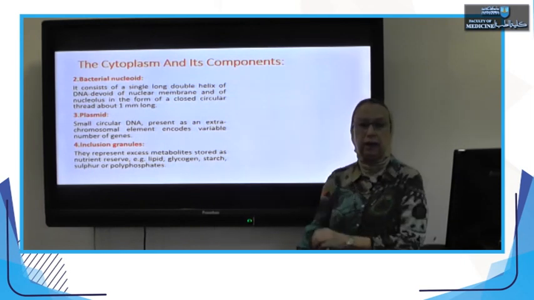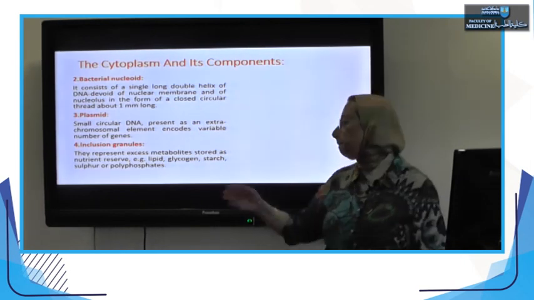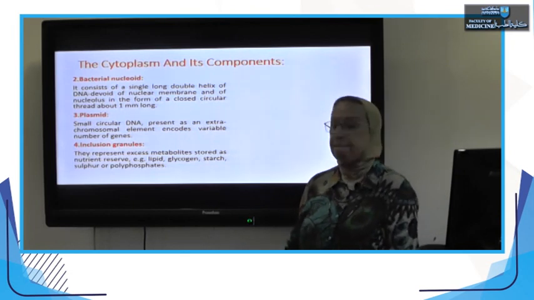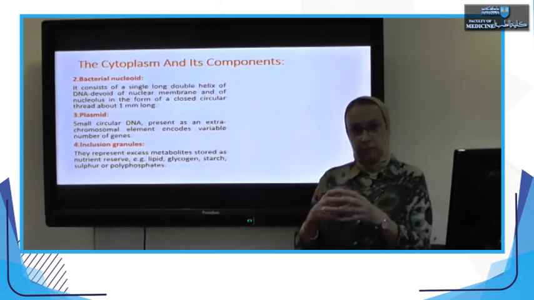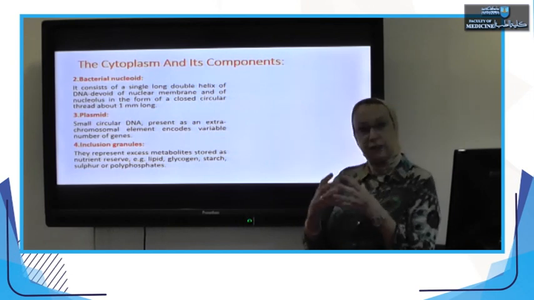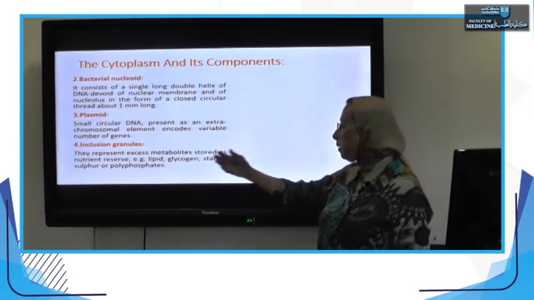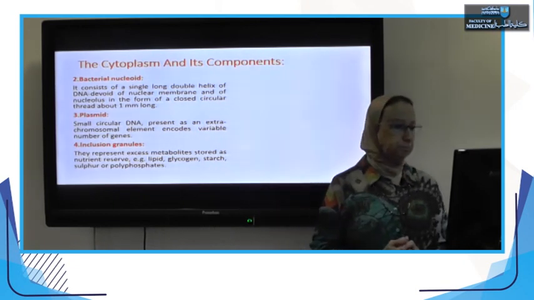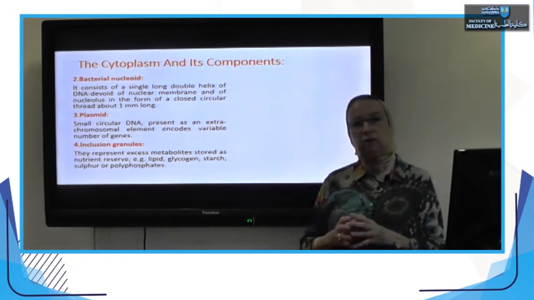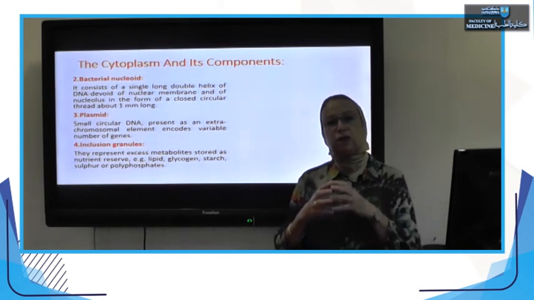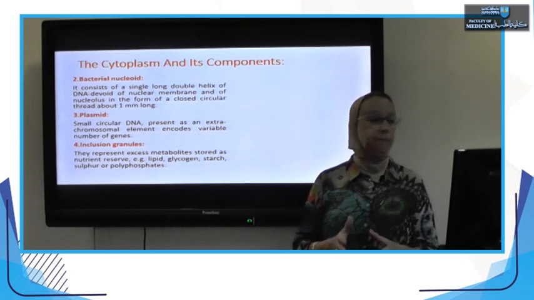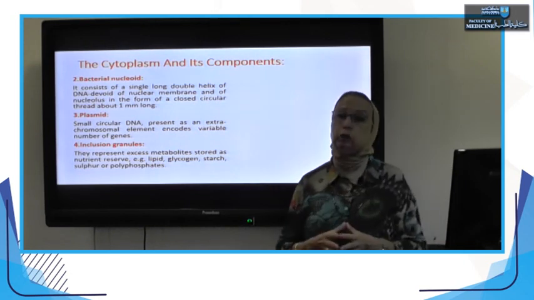And the fourth intracytoplasmic structure is the inclusion granules, storage granules. For example, these are granules or spaces that can store lipid, glycogen, or starch for the bacteria. So these are the intracytoplasmic structures: the ribosomes, the nucleoid and the DNA, the plasmids, and the inclusion granules.